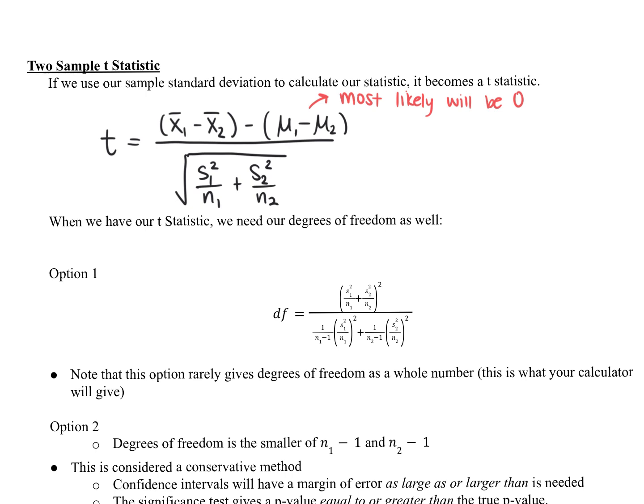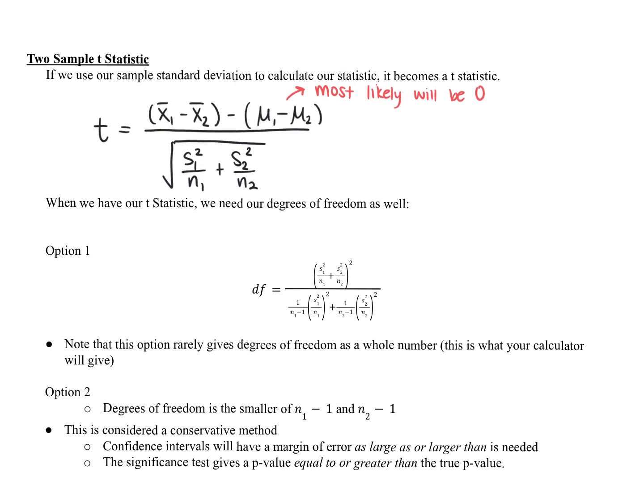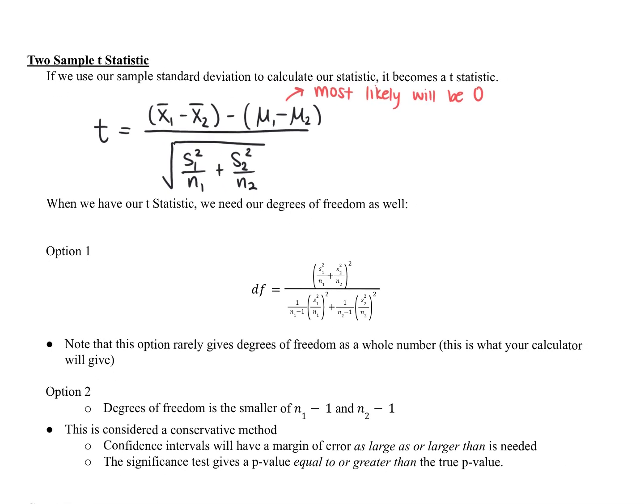Now, obviously, if we're using a t statistic, we need our degrees of freedom. And degrees of freedom does not work the same way it did when we were talking about it previously in Chapter 7. There is a formula that is used to calculate degrees of freedom that is a lot more complicated than just sample size minus 1.